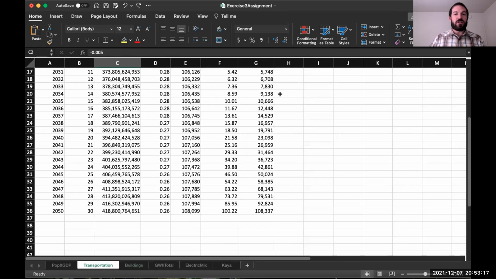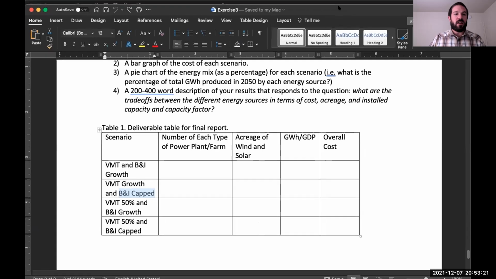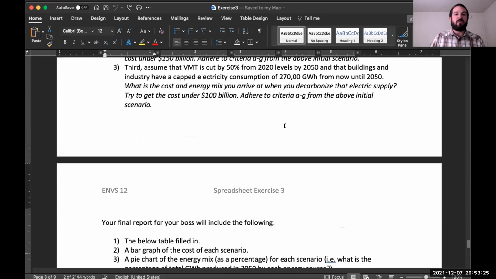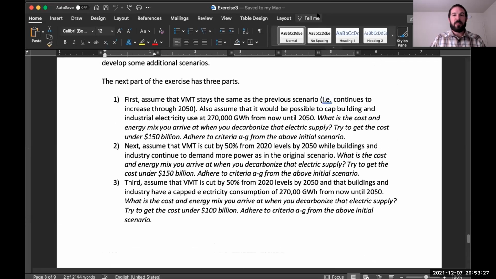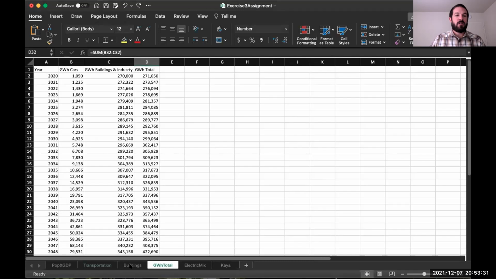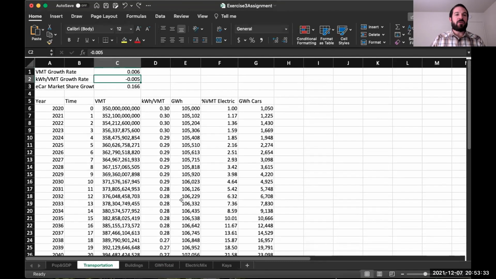Same with transportation. You know, I asked you at one point, what happens if we say that vehicle miles traveled is actually 50% of what it is today? Okay. We don't cap vehicle miles traveled. All right. We actually decrease it. So, you know, you could say, well, what is 50%?